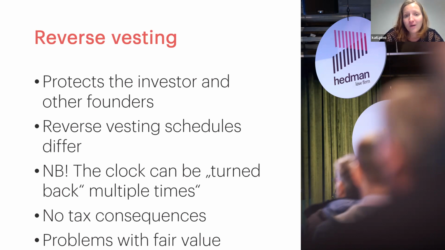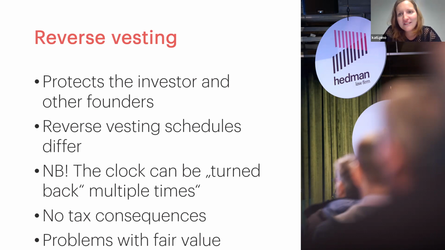What is of note regarding reverse vesting is that the reverse vesting clock can be turned back multiple times. So if you are subjecting yourselves and your co-founders to reverse vesting now and agreeing that, yes, the reverse vesting period is 3 years, but after 2 years you have an investor, the investor can come in and tell you that, hey, I want to have the reverse vesting for another 3 years or maybe 4 years.